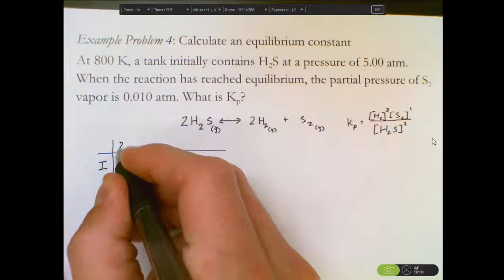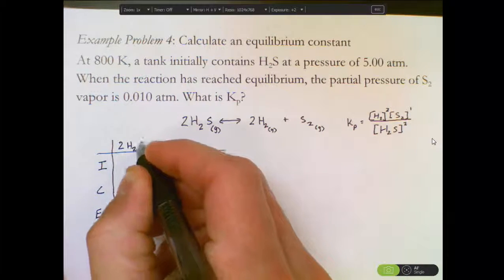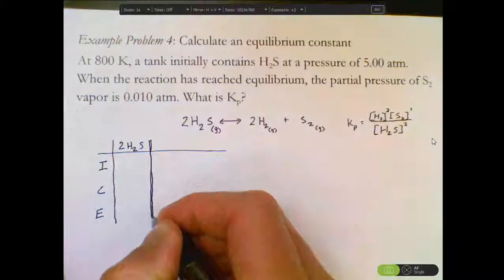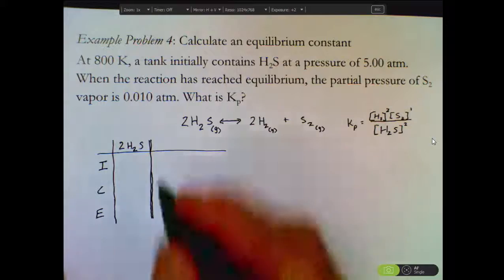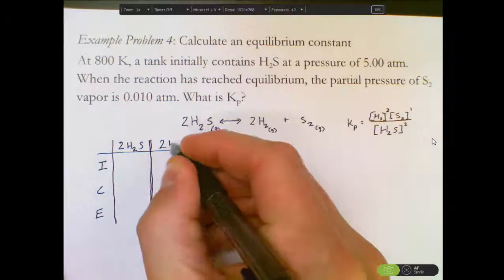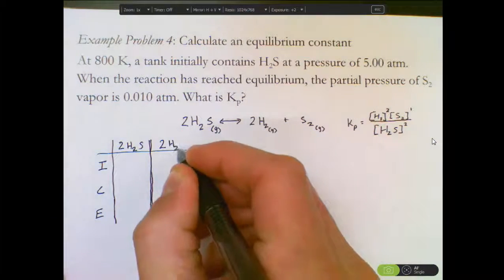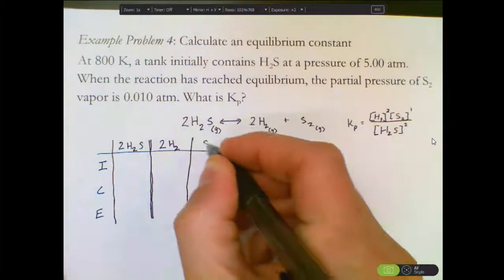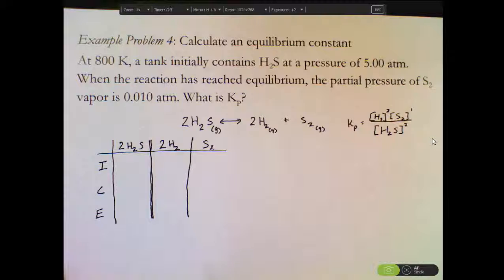Then we want to put the substances into our ICE table. I like to make it very clear where my reactants and products change because we do some different math depending on what side of the equation we're on. So reactants on the left, products on the right.